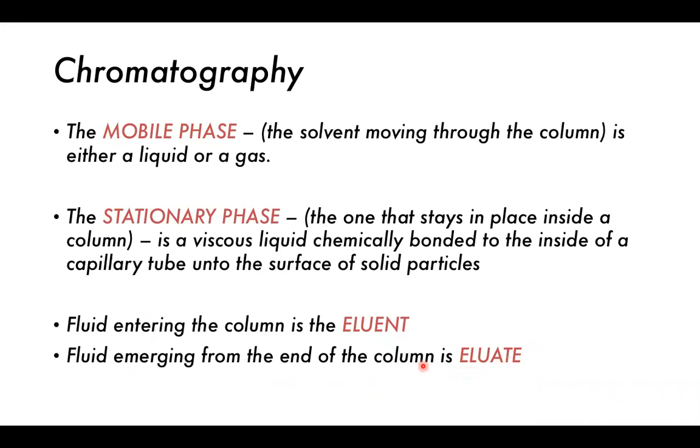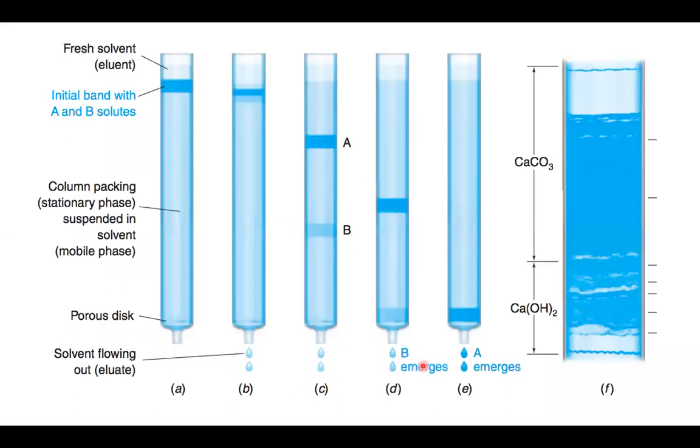Because it is eluted. So here is a kind of schematic of what it might look like if we were able to shine a UV light on our sample. So we have a fresh solvent, the eluent, at the top here. And then, of course, we have a column down here packed with the stationary phase, which is suspended in the solvent.